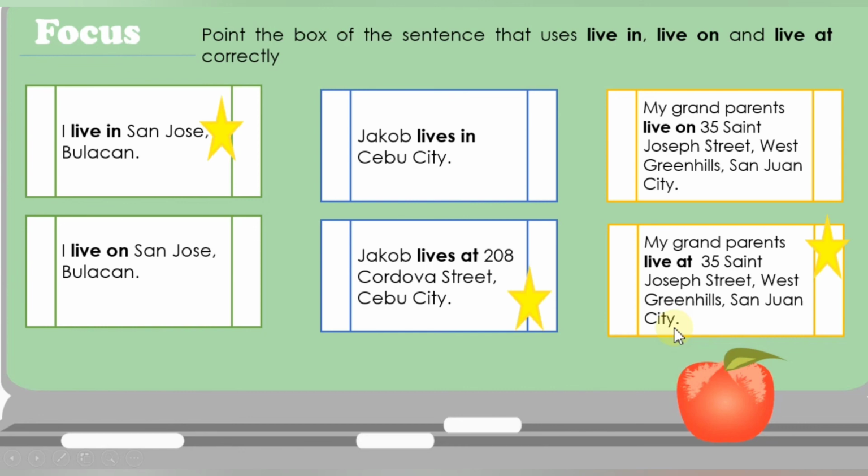My grandparents live at 35 St. Joseph Street, West Green Hills, San Juan City. Why use live at? Because this is a complete address. Do you understand? Before a complete address or a house number, we use live at, not live on.